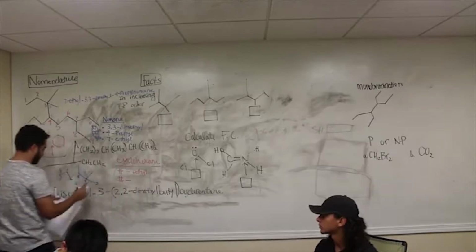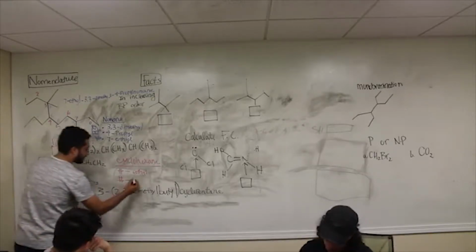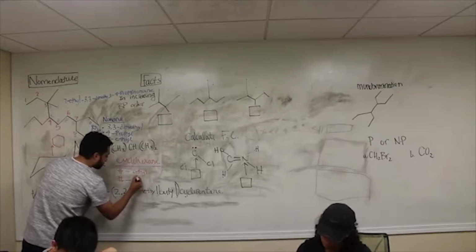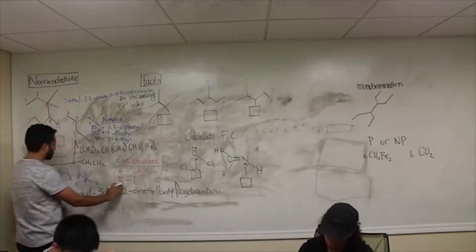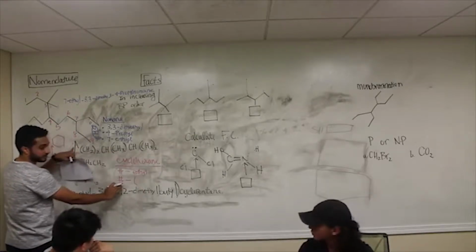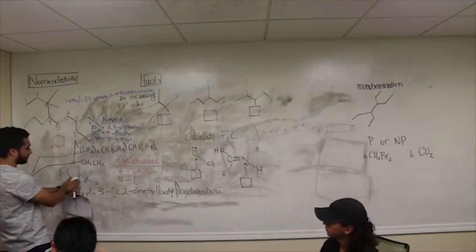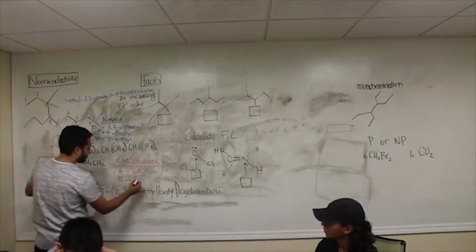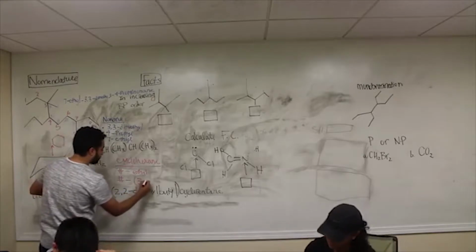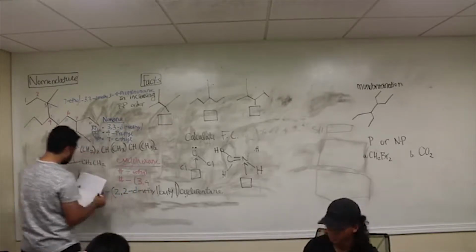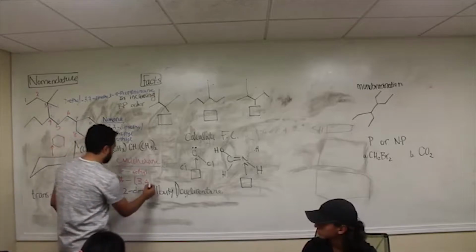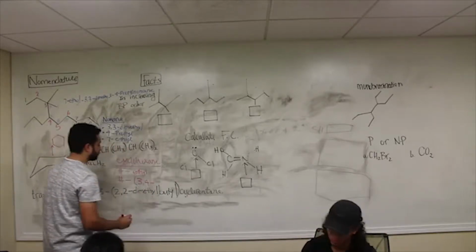So we know that it's going to start with parentheses. If you have a substituent and a substituent, you write the number the main substituent is on, which we'll get to in a second. And then you start where it is on the first spot. So 3, and then where's the next one? 4. And what group is on those two?